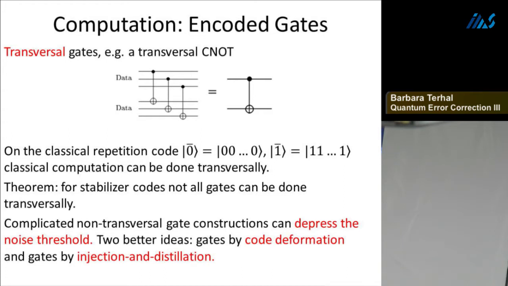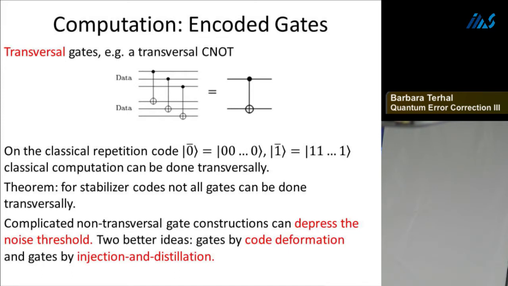So in order for that circuit to function well, one has to start with a very low error rate. And at least as we envision how we are going to use the surface code, there are two very good ideas. One is the idea of code deformation. The other one is the idea of doing gates by injection and distillation.